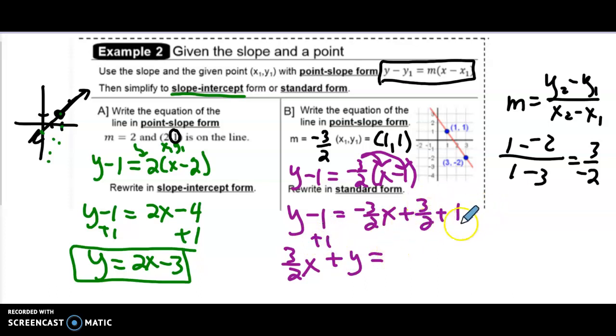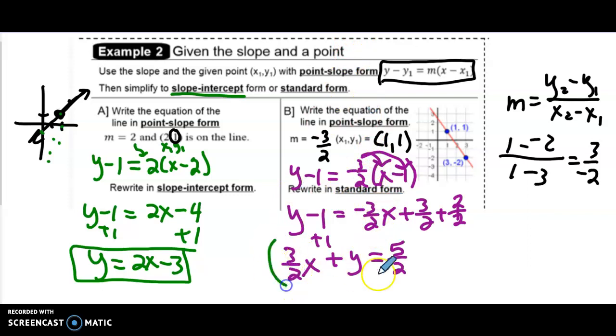This is 1.5 plus 1, so that's 2.5. I'll write that as 5/2. Okay, I added my 3/2 x over here with the y, and I added 1 over here with this 3/2. 3/2 plus, you can think of 1 as 2/2. 3/2 plus 2/2 is 5/2. Now I do have to remember the little rule about standard form, no fractions.